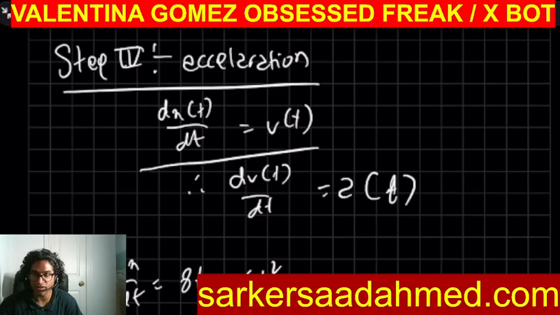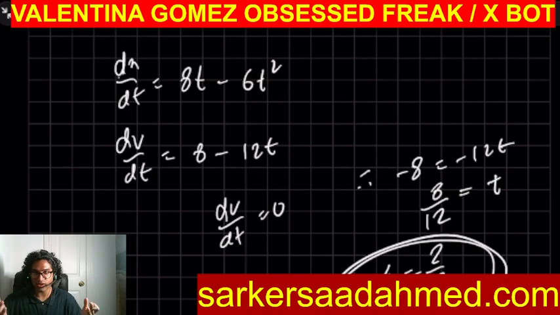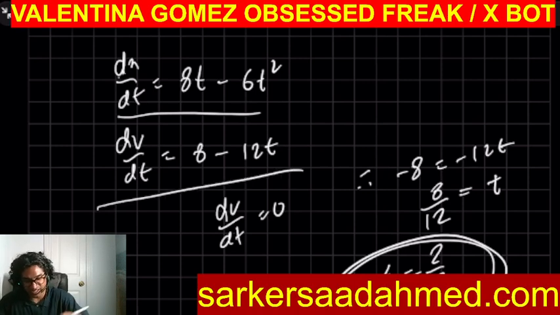I know that dx by dt is 8t minus 6t square, so dv by dt would be 8 minus 12t. At time 2 by 3, or 0.666 seconds, the acceleration will be 0.